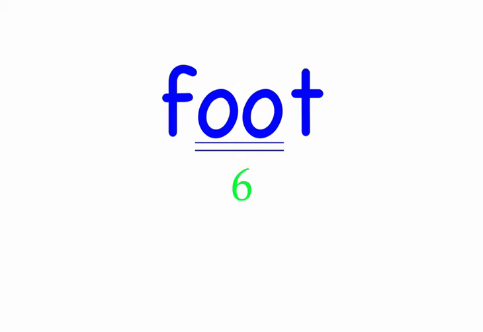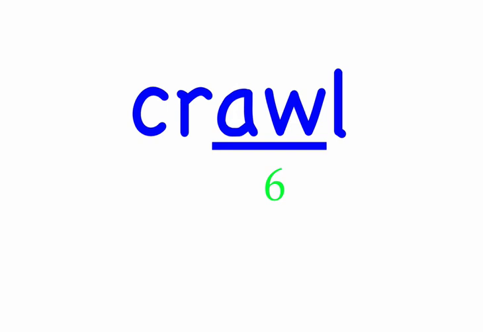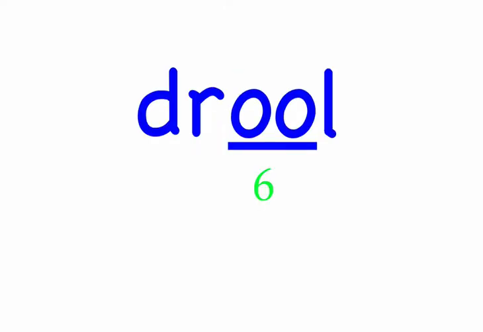Row 2. Crawl. The baby is still learning to crawl. Crawl, 4 sounds: k, r, aw, ul. Drool. My dog will drool on the carpet. Drool, 4 sounds: d, r, oo, ul. Broom. Place the broom in the closet.